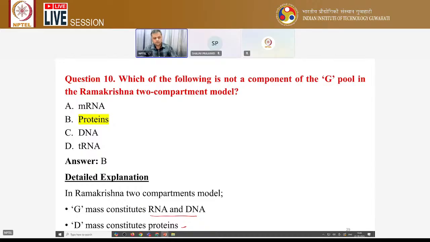While in the Williams two-compartment model, one compartment includes DNA and protein together. Now, what are the options? Yes, proteins. The proteins are not a component of the G pool, and it includes nucleic acids.